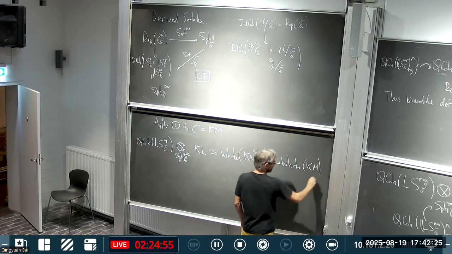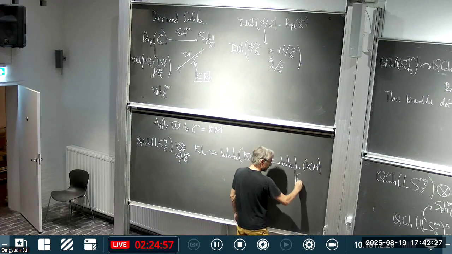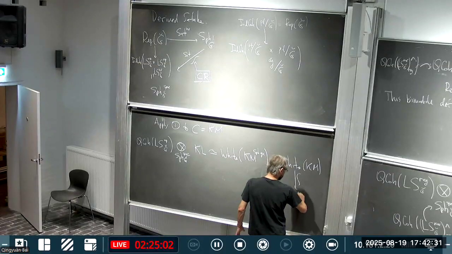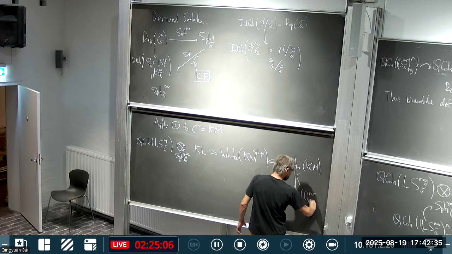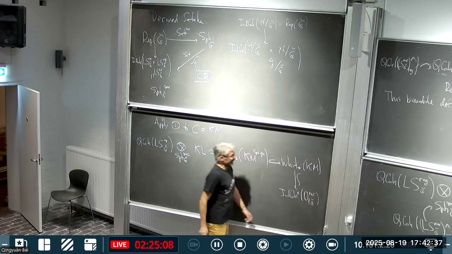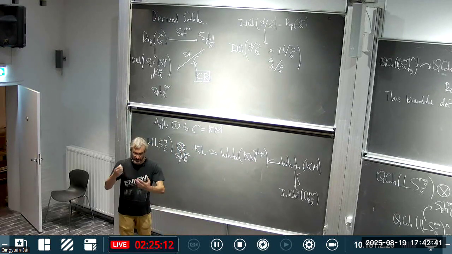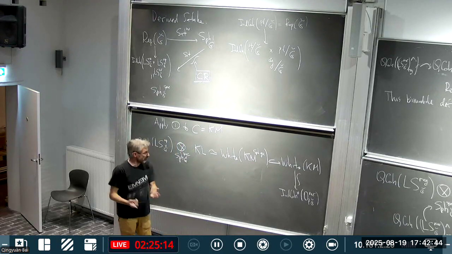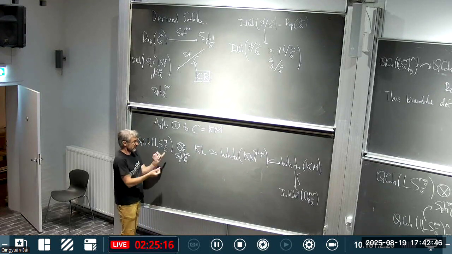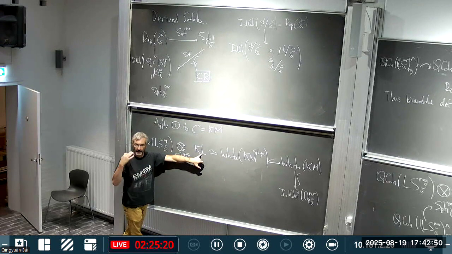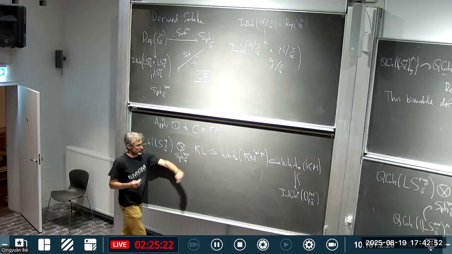And now comes our friend Stravic. It says that this is the same as Ind-Coh star of all the meromorphic opers. And one can ask, what is this full subcategory? Here there's an easy lemma that comes from the fact that this category is generated by just KL, and KL has this field generated with Weyl modules.